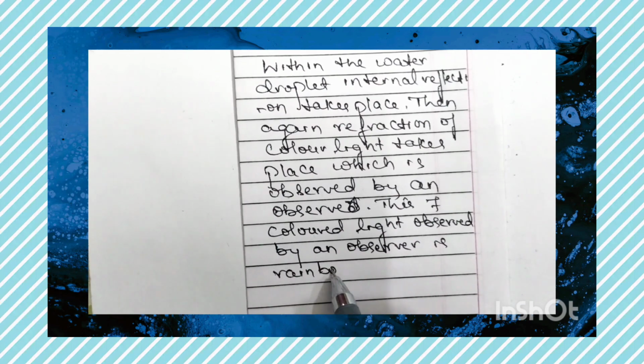So rainbow consists of 7 colors, and these 7 colors observed by the observer is called rainbow. So like this the rainbow is formed.